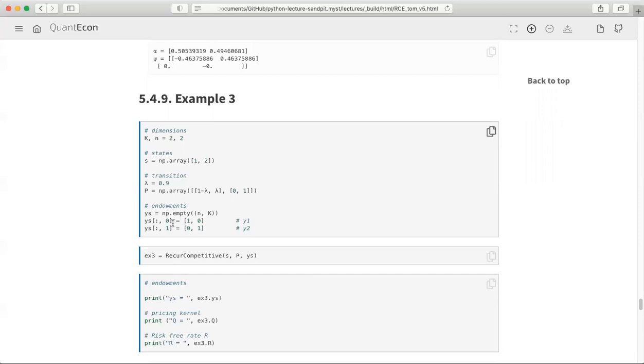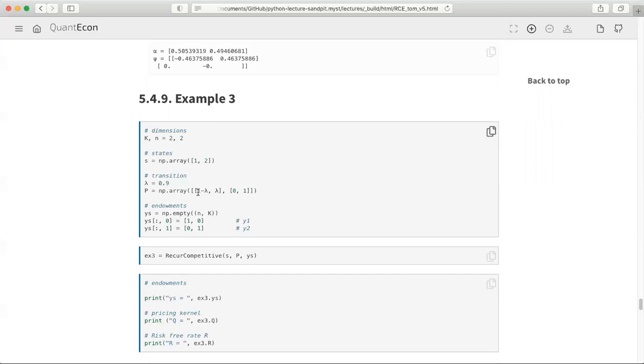And they're just going to flip. The two guys are going to flip between 1 and 0, depending on what the state is. And then, look at this. What's the transition probability? This is interesting.